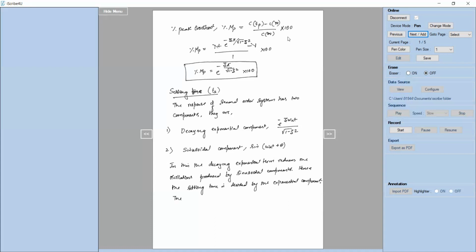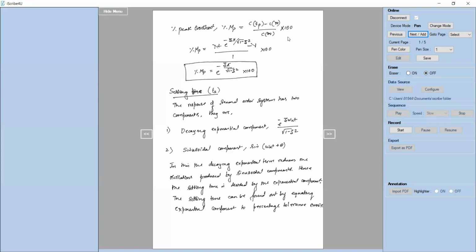The settling time can be found out by equating the exponential component to percentage tolerance errors.